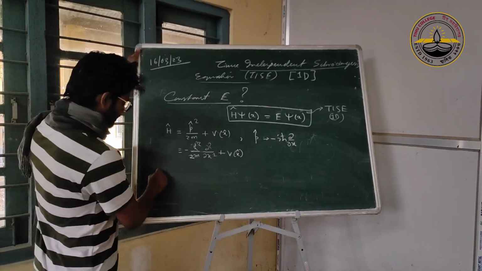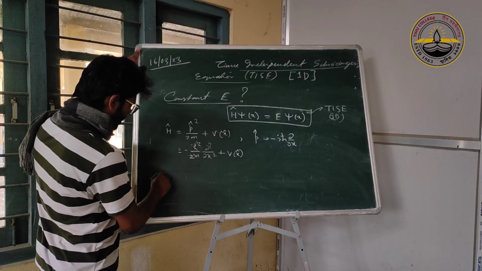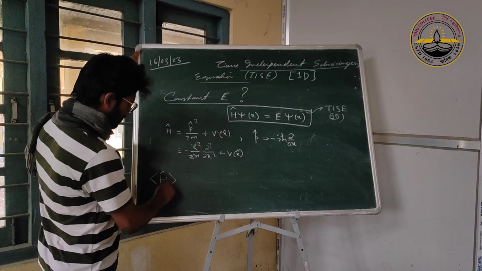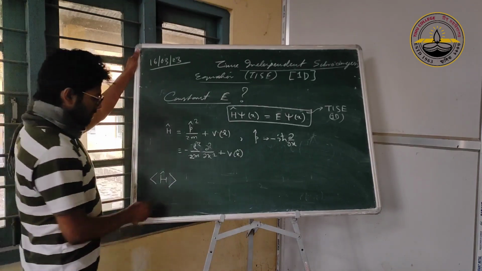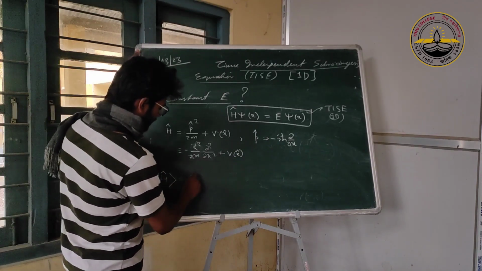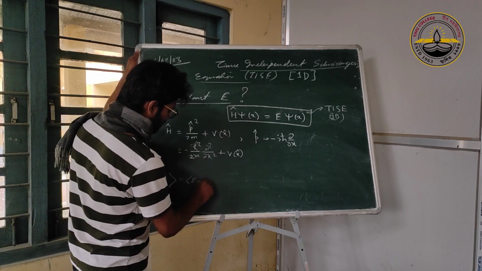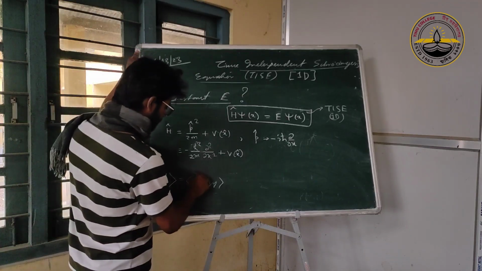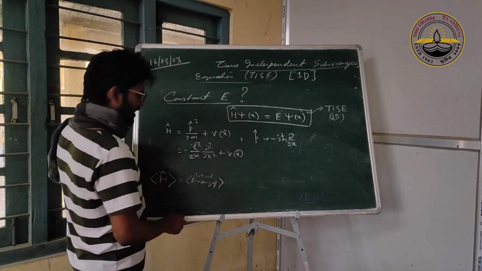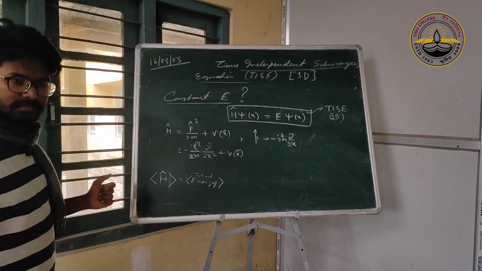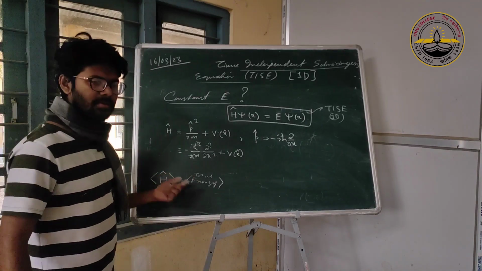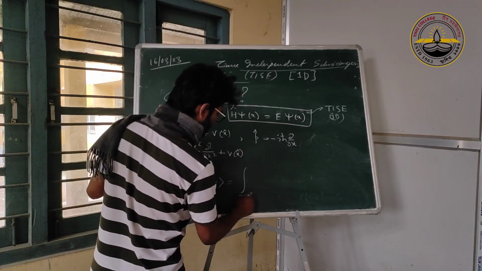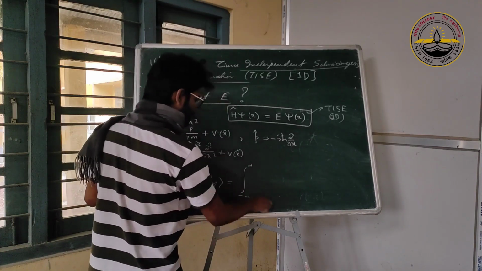So let's see what is the expectation value of the Hamiltonian. The expectation value of the Hamiltonian is actually the expectation value of total energy, right? Because that is the classical variable that we are going to calculate the expectation value of.